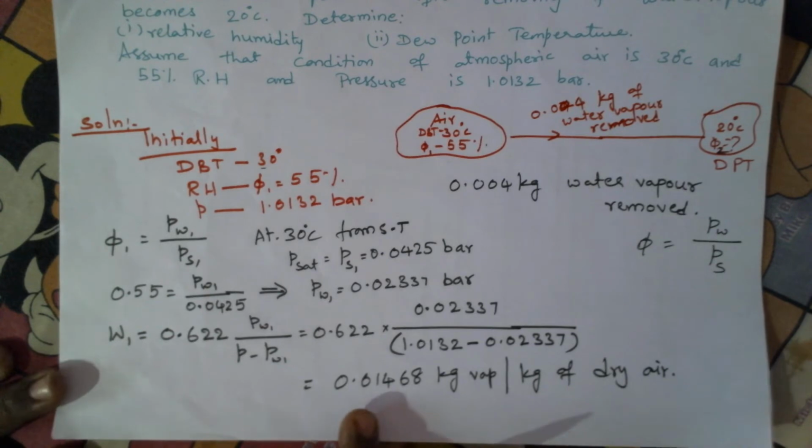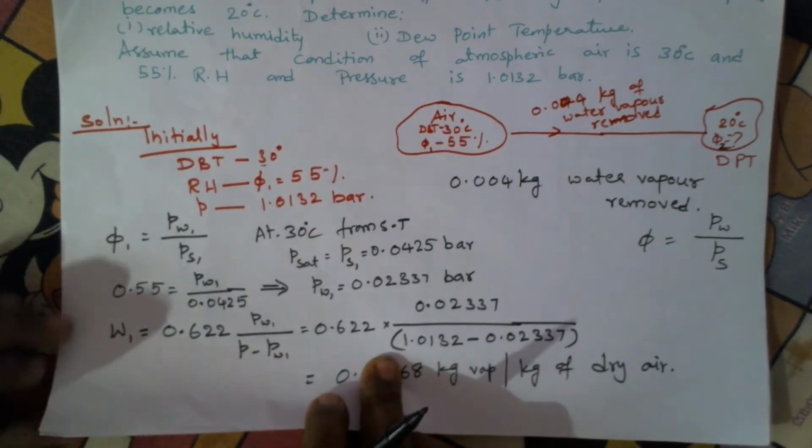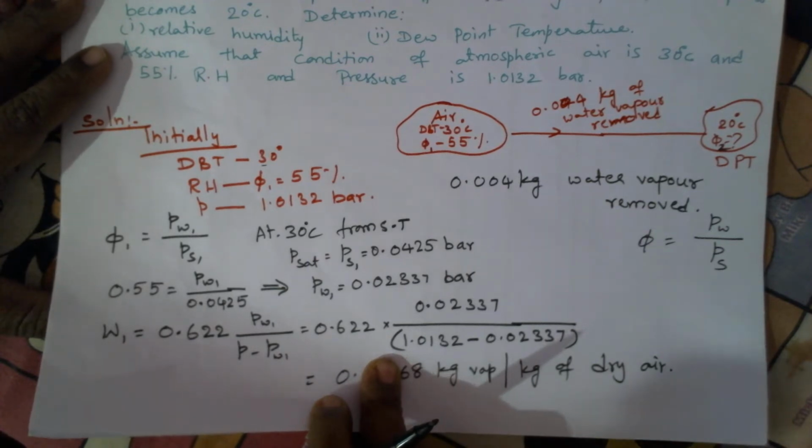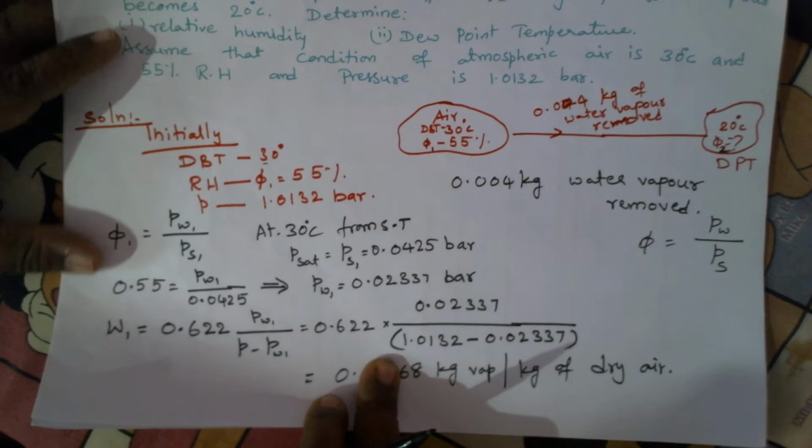Now the amount of water vapor removed is 0.004.